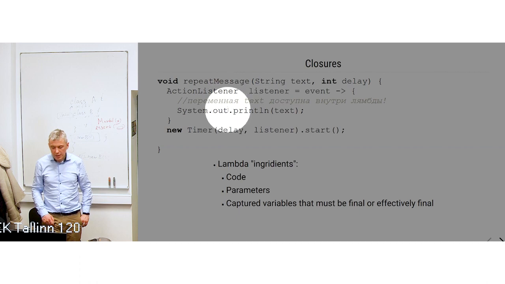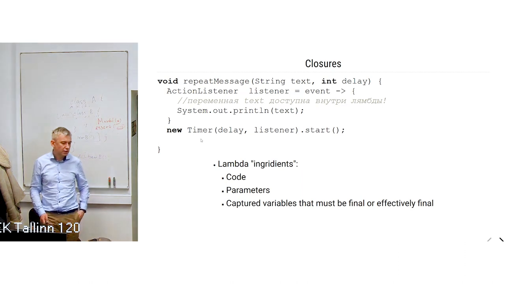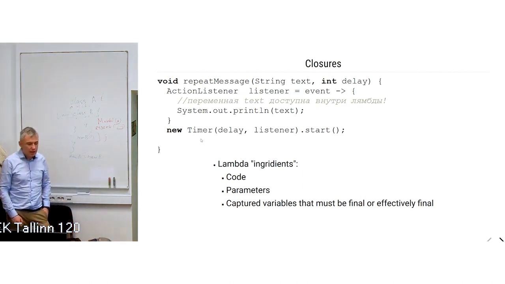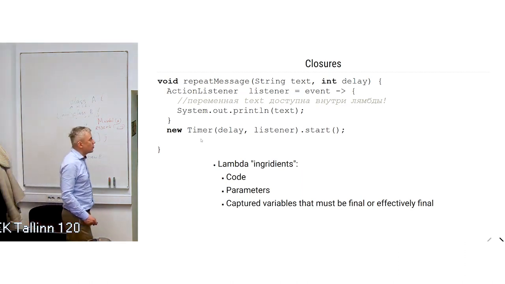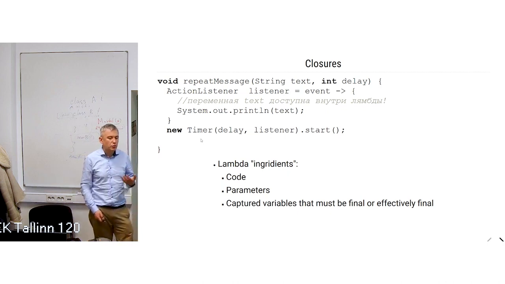So inside this lambda, we can use this text variable, although text is not a parameter of the lambda. Text is a parameter of the outer repeatMessage method. But in this lambda, text is just like inside the scope of this method. And so it's easy to write, but we also need to understand how it works.